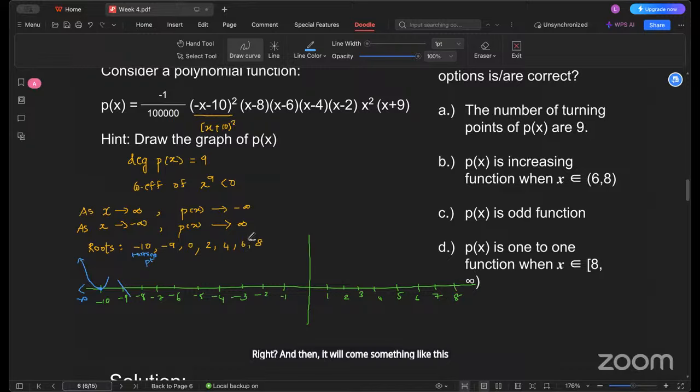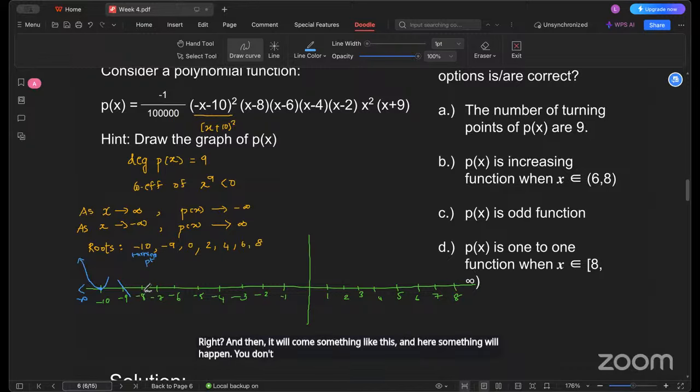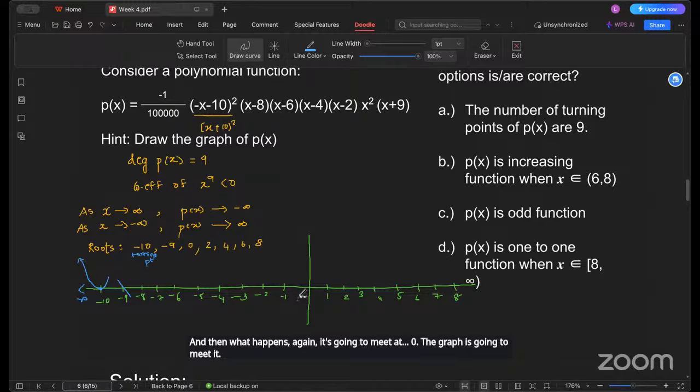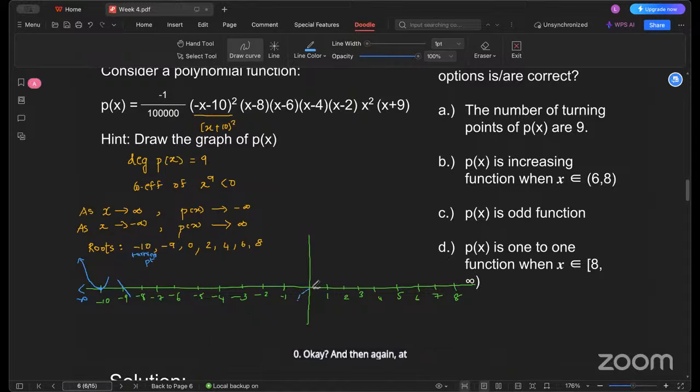We don't know exactly how it looks in between. And then it's going to meet the axis at 0, where it has another turning point. So it's going to be like this.